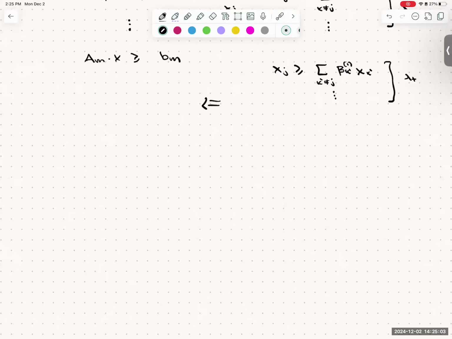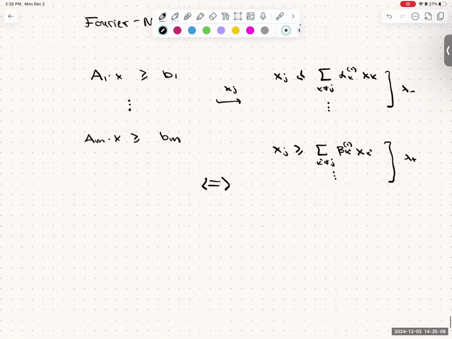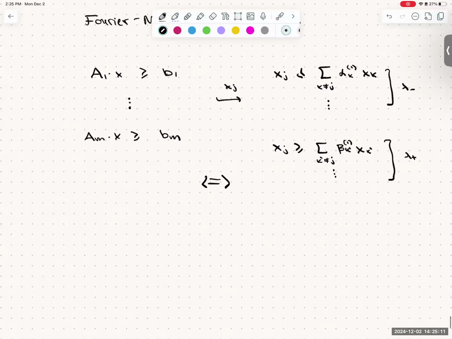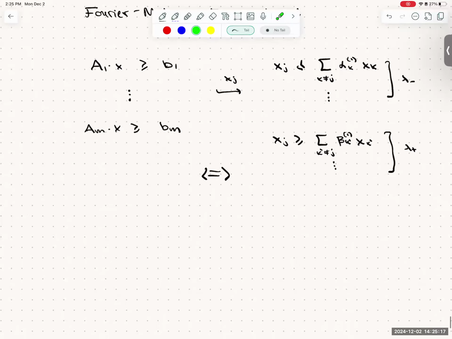The initial set of inequalities is valid if and only if I pair each inequality that I have here with an inequality here. In particular, if this expression is less than xj, and this expression is greater than or equal to xj, then naturally for every expression showing up here, it must be less than or equal to an alpha k expression up here.